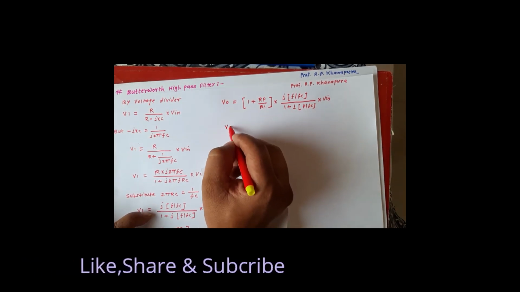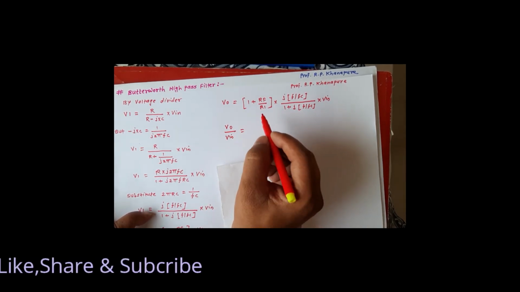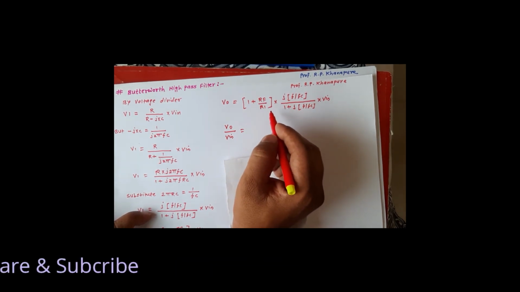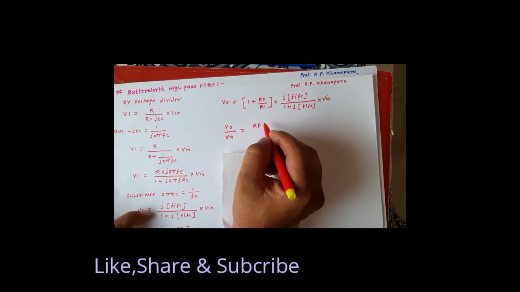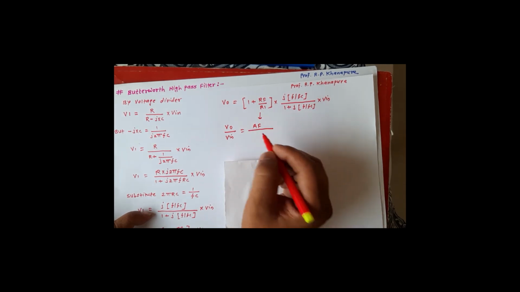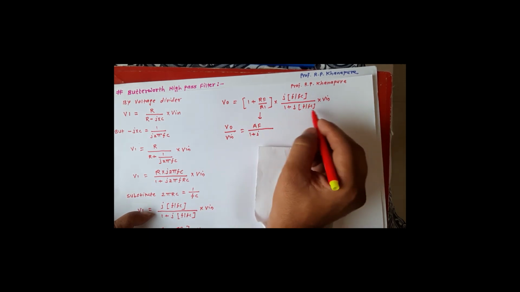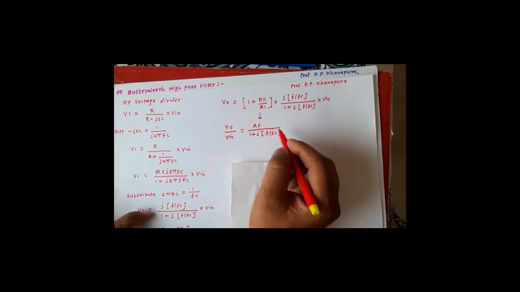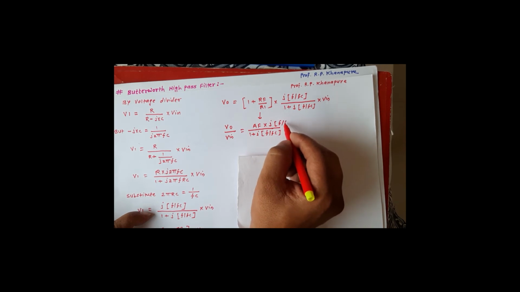So V0 upon Vin is equal to, and this 1 plus Rf by R1 is the closed loop gain or passband gain, which is equal to AF, upon 1 plus j into f upon fc, into j into f by fc.